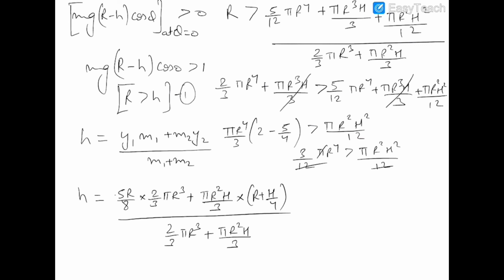So 3 r square should be greater than h square, and h should be less than root 3 r. So the maximum value of h for the stability of this system will be root 3 r. This is the correct answer. Thank you.